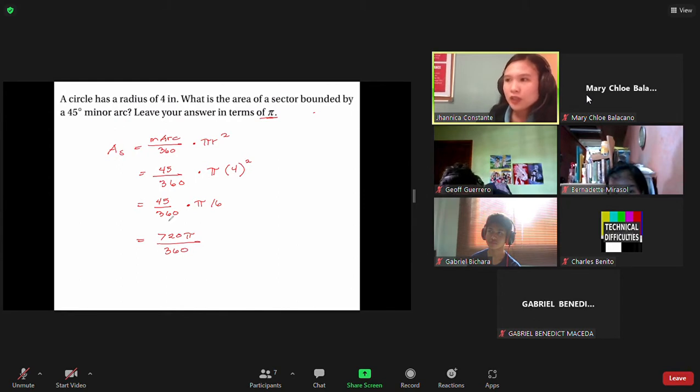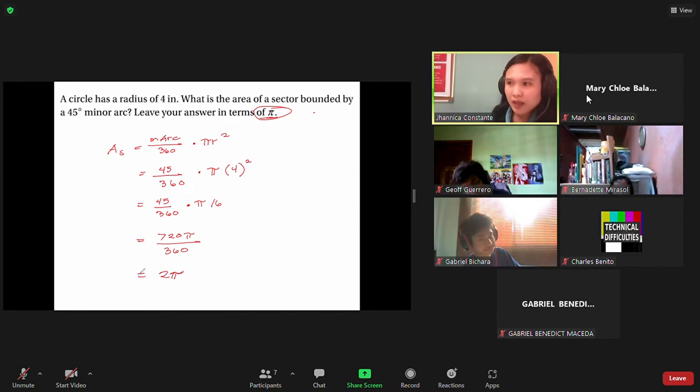The only thing that we multiply is 45 and 16. Pi will remain as a symbol without getting its value, since the question is asking for an answer in terms of pi. So 720 divided by 360 is equal to 2 pi.